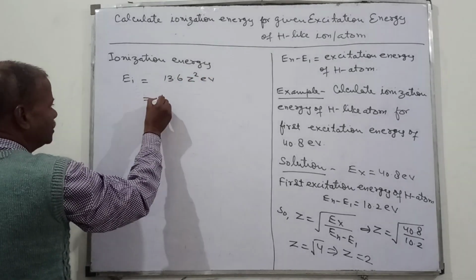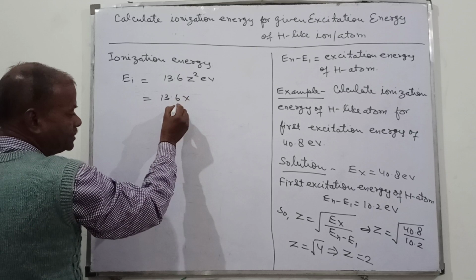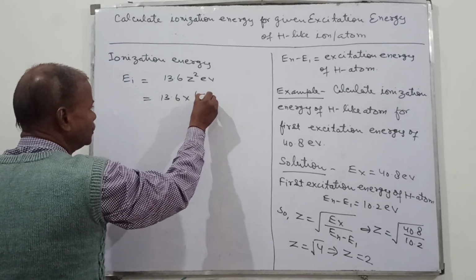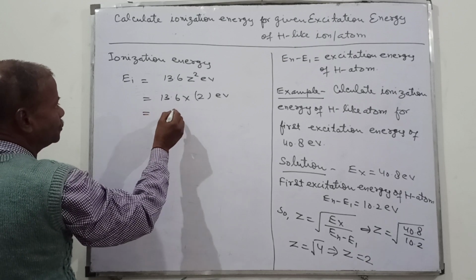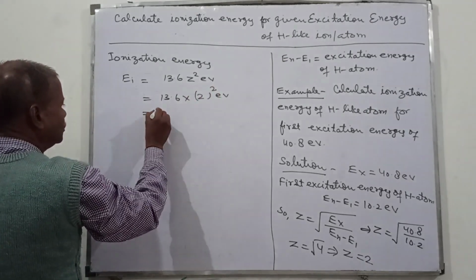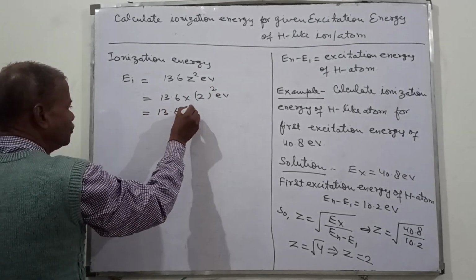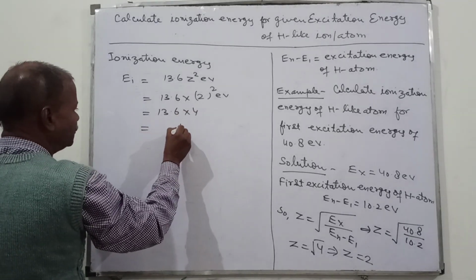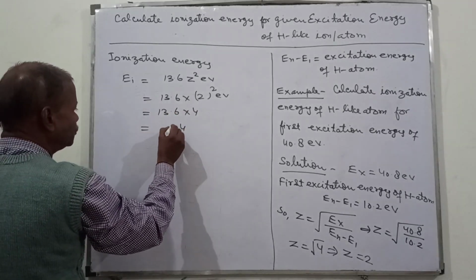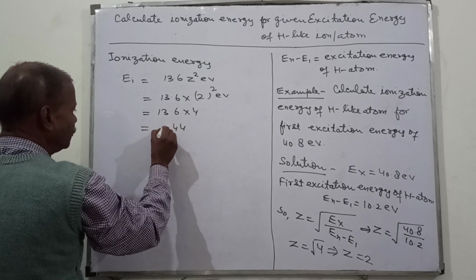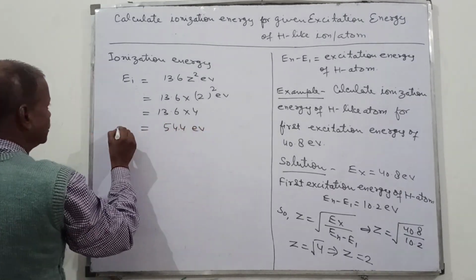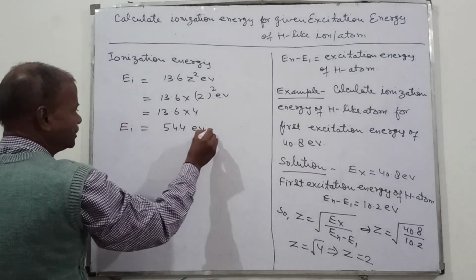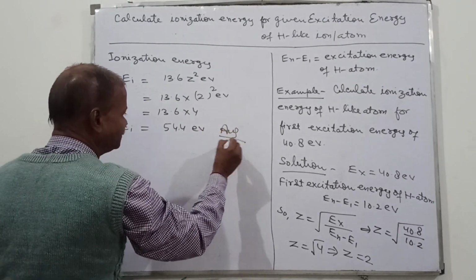This is the formula. 13.6, Z is equal to 2, so this is 2 square. So 13.6 into 4, 4 6 is 24, 12 and 2 14, 4 and 1 5. So 54.4 electron volt. This is now the ionization energy. This is the answer.